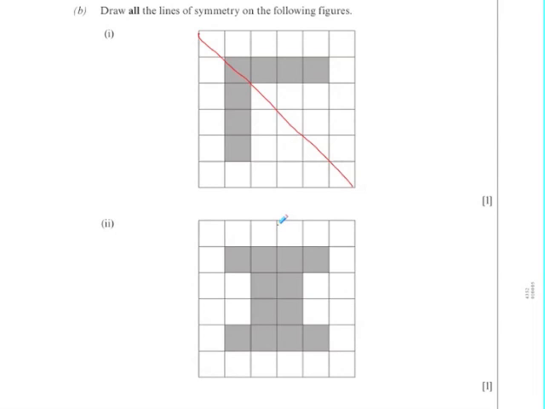In this diagram here, you've got a line of symmetry here. As I say, you'll use a ruler when doing this. You've also got a line of symmetry there. So those are your lines of symmetry.